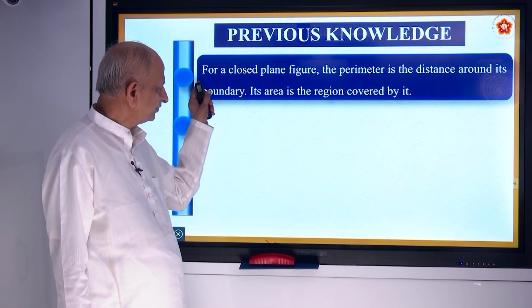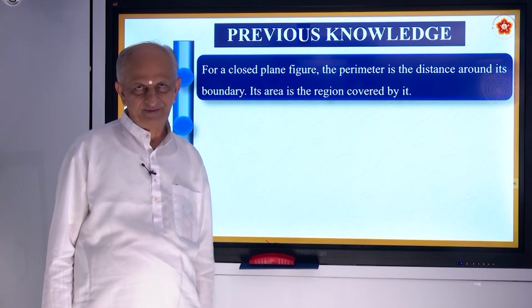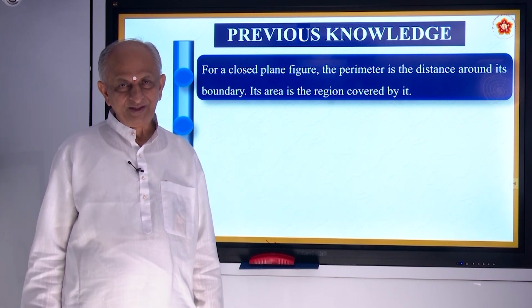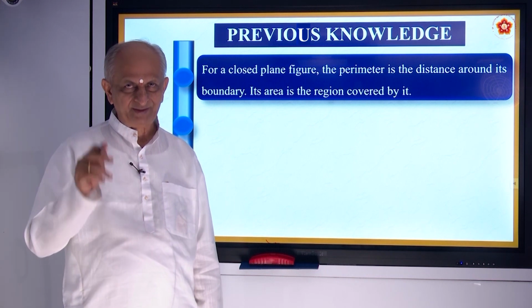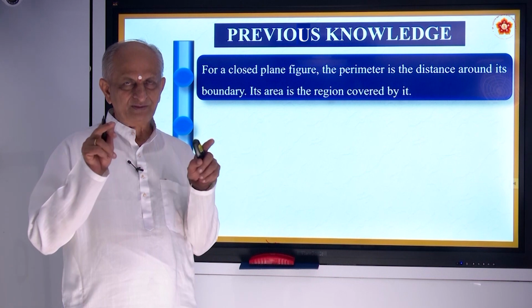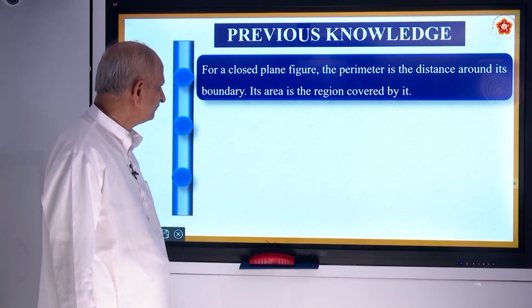So we have studied about the closed plane figures. What do you mean by figure? Figure is something two-dimensional, with just length and breadth, correct? Or if it is a square, only sides will be there, correct?